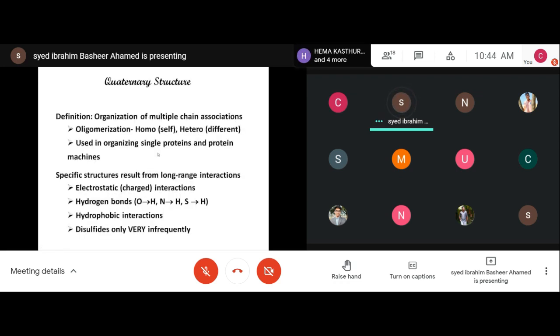Then we have the quaternary structure. I told you these four types of interaction are very important in tertiary structure. The same kind of interactions are also important in quaternary structure, but the disulfide bridge, most of the time, won't be found in the formation of quaternary structure.